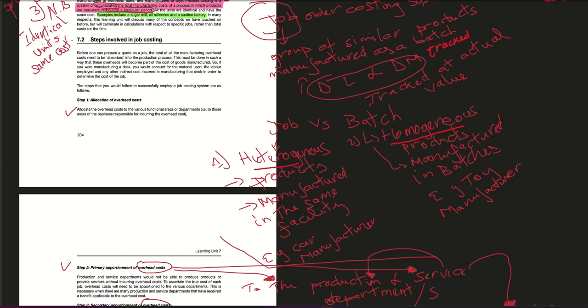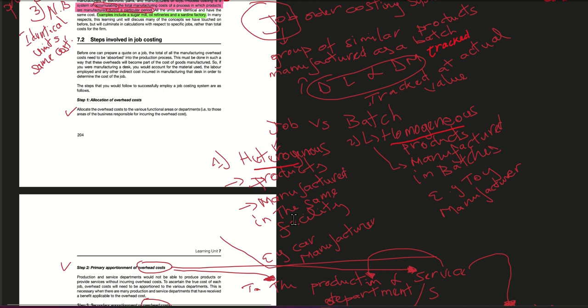So that's where it necessitates a little bit more in-depth calculations, if I can put it that way. All right, so as you can see, step one will be the allocation of overhead cost. Obviously, there are various functional areas or departments, and the overhead costs need to be allocated to these various functional areas and departments.